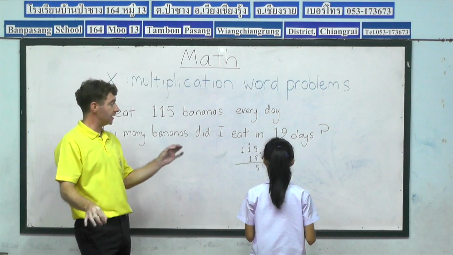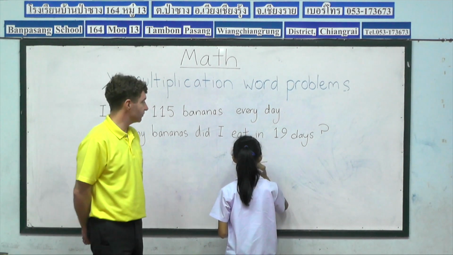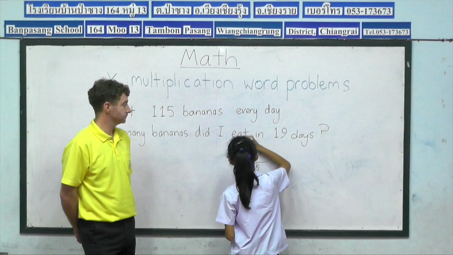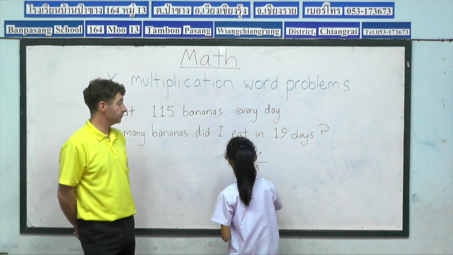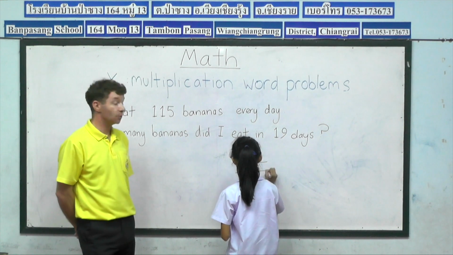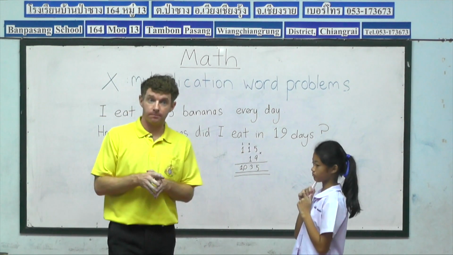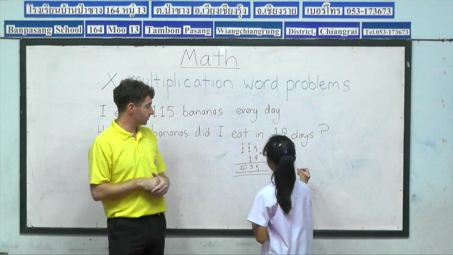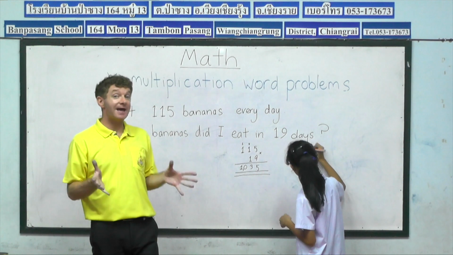Write the 5, carry the 4. 9 times 1? Plus 4, 13. 9 times 1? 9 plus 1 equals 10. Okay, so we have our first answer for the ones column. 1,035. So let's write that answer on the board.